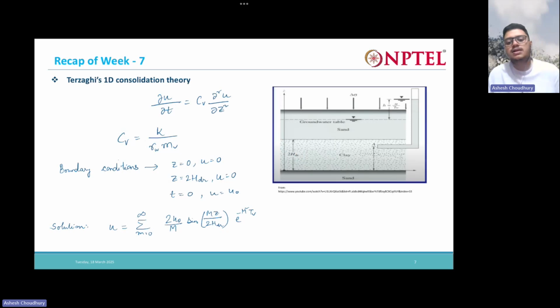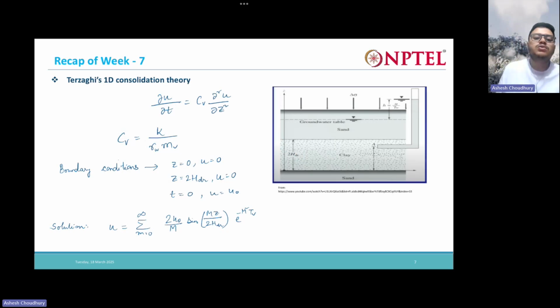It defines the consolidation procedure and helps us calculate how much time a soil requires to achieve a certain degree of consolidation.